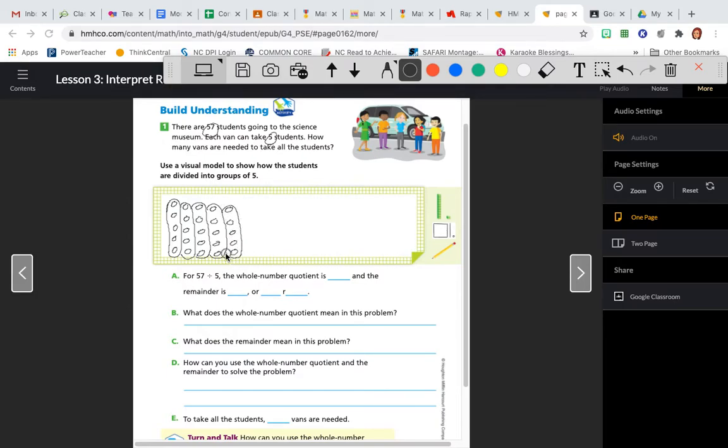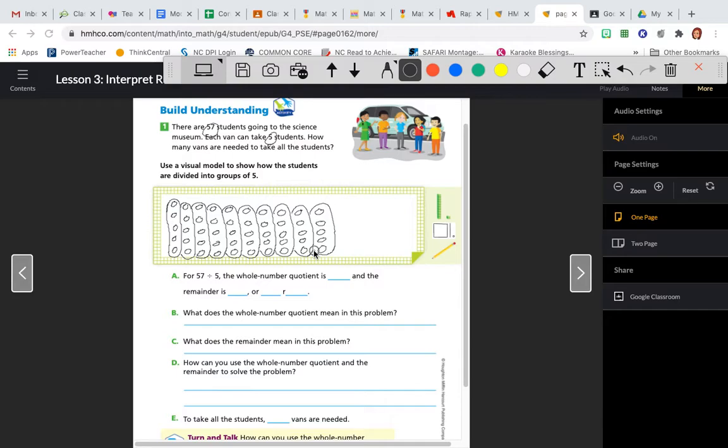Remember, we have 57 students. So then this would be 30, counting by 5s. Then 35, 40, 45, 50. So if we go back, make sure we have it. 5, 10, 15, 20, 25, 30, 35, 40, 45, 50.